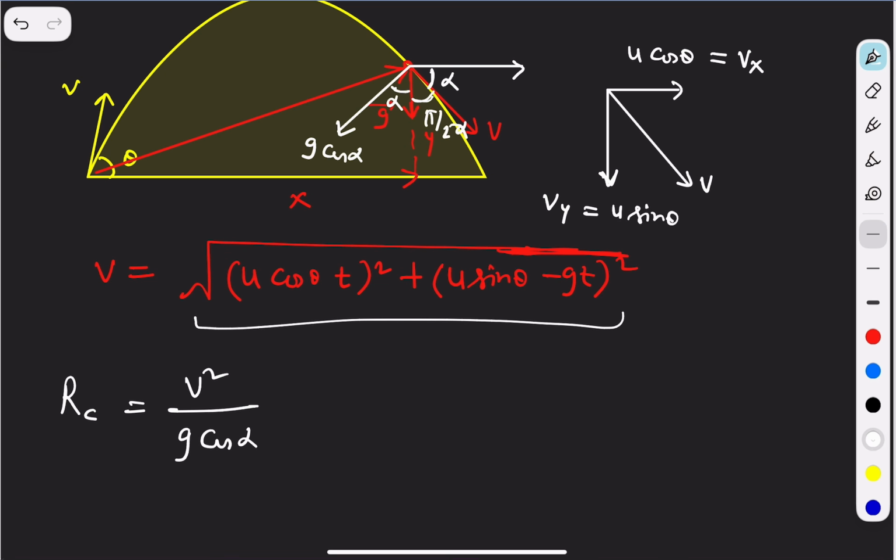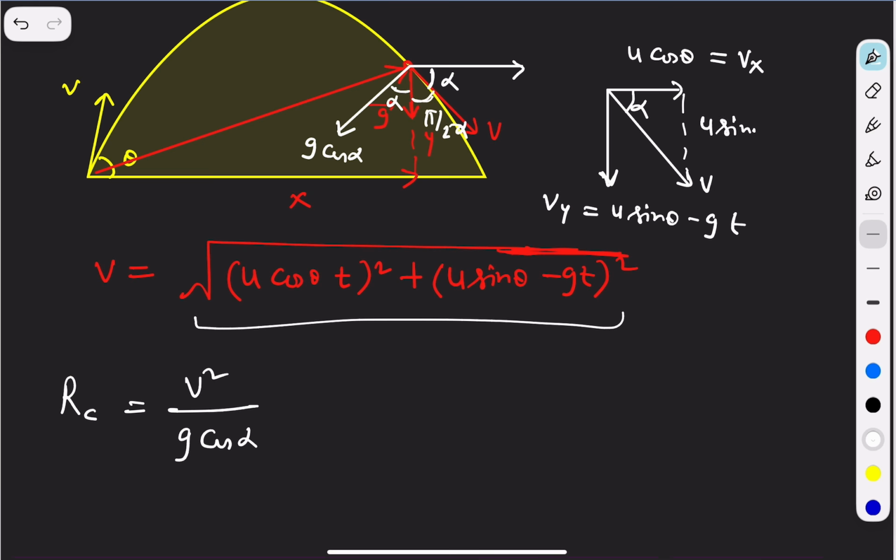So if this is alpha, we are calling, we need cos alpha. So this is u sin theta minus gt.